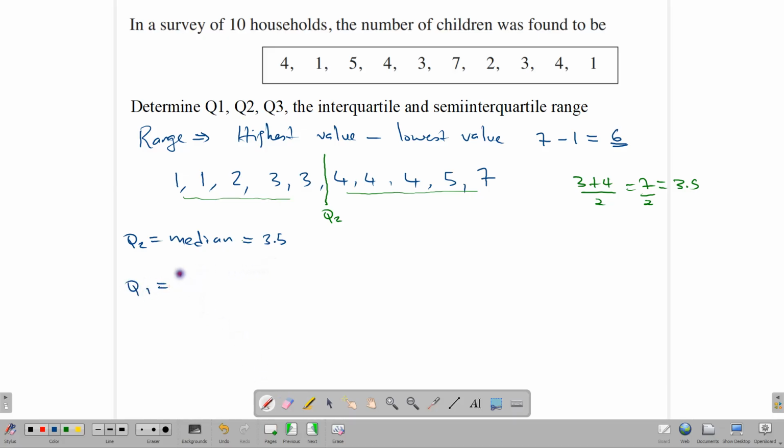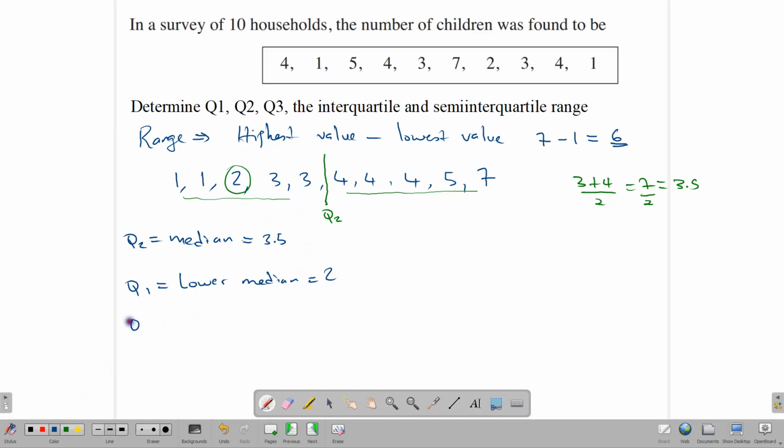Q1 is what we call the lower median, and that is the median of the bottom half of the data. So in this lower half of the data, there are 5 numbers, and we see here that the median for that is 2, because 2 is the middle number in this section.